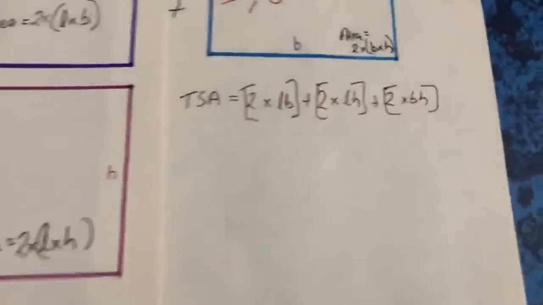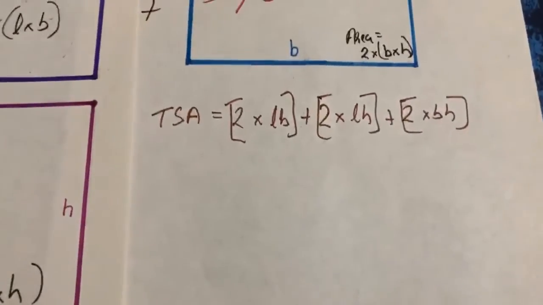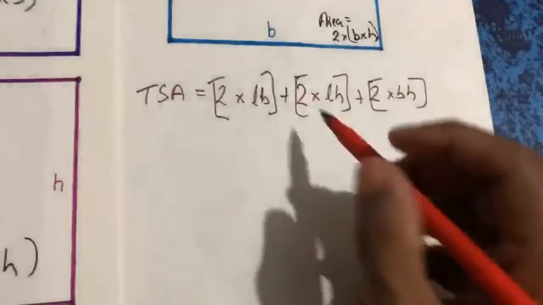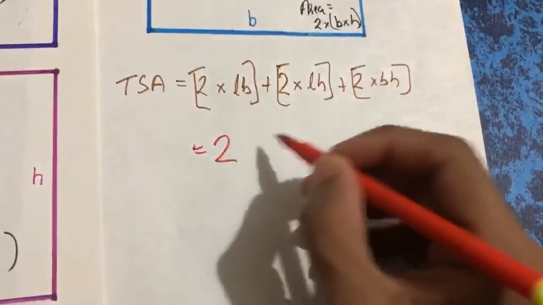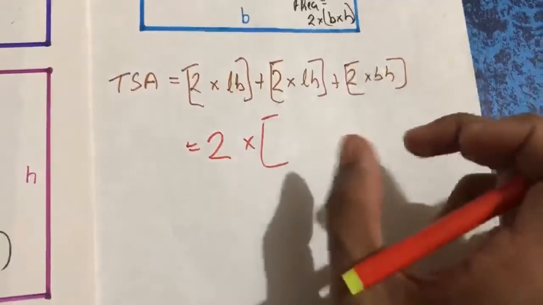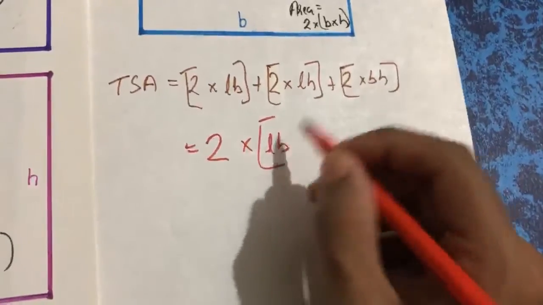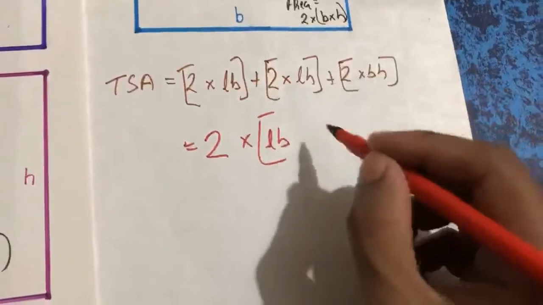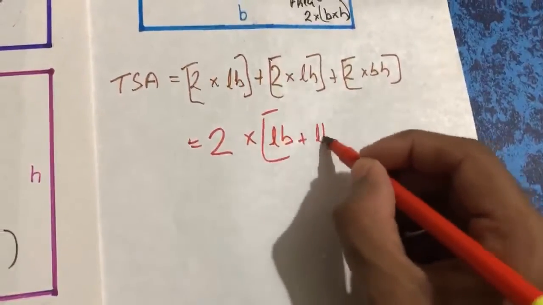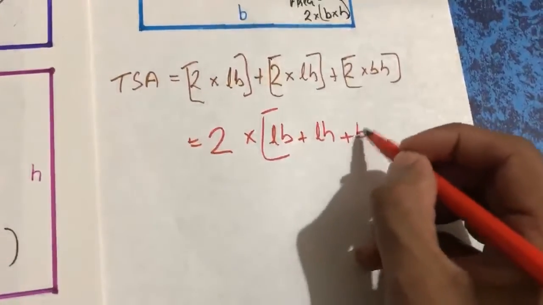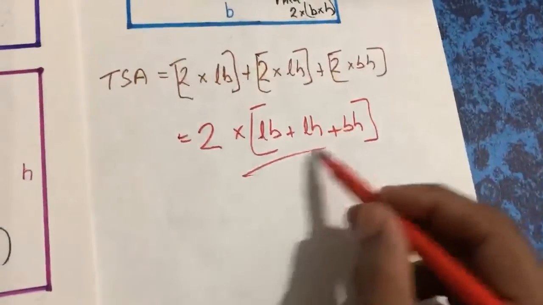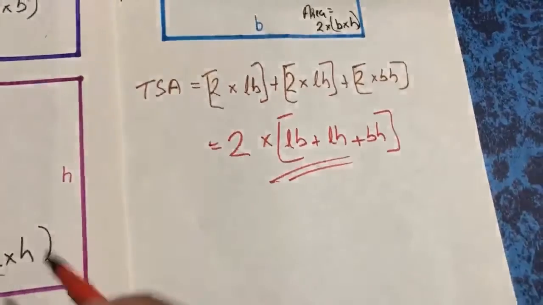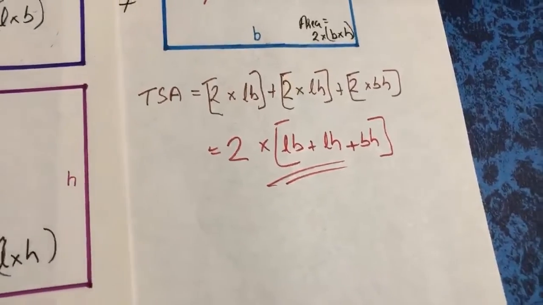Now we just have to do a simple rearranging of things. 2 is common, so I'll take 2 outside: 2 into, then what is coming inside? LB plus LH plus BH. And voila! Here is your formula for TSA, or total surface area.